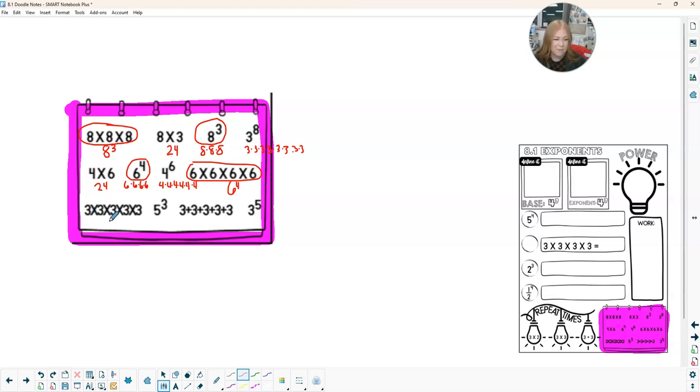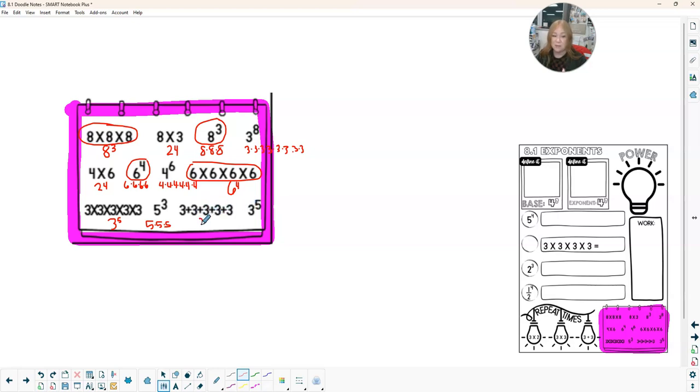Okay, last one, we have the base of 3, and we have it 5 times. 3 to the 5th. This one is backwards, 5 to the 3rd. These are not the same thing, right? These are opposites of each other. This one we are repeated, but we're just adding. This is not 3 to the 5th. This is 3 plus 3 plus 3 plus 3.